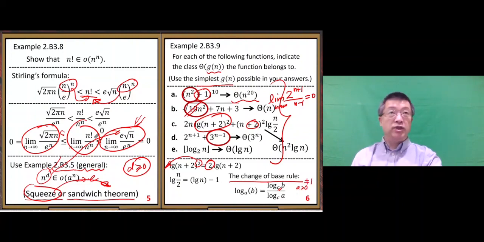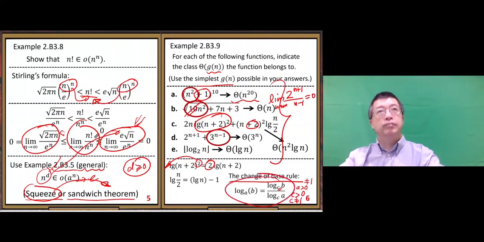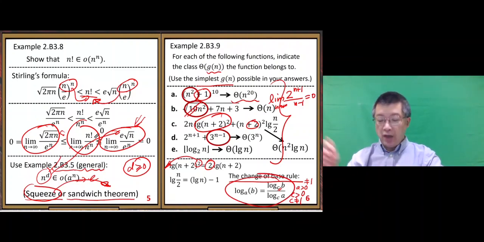If the base is 1, it is not well defined, right? C also greater than 0, and C not equal to 1. Then this is true. This is the change of base formula.